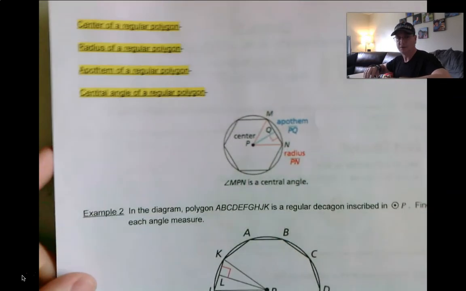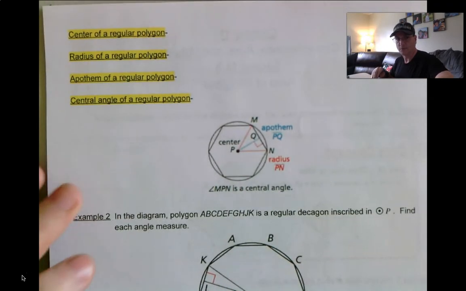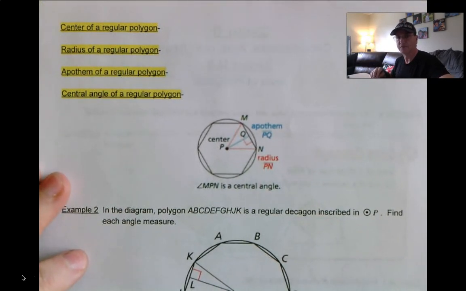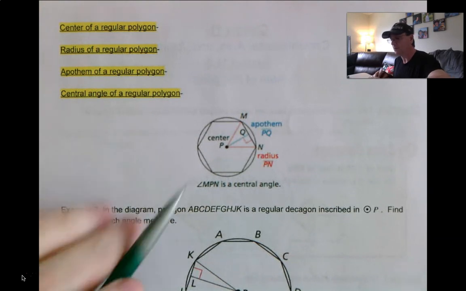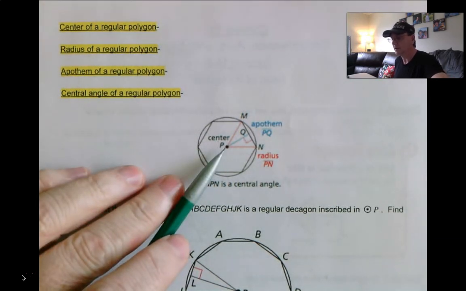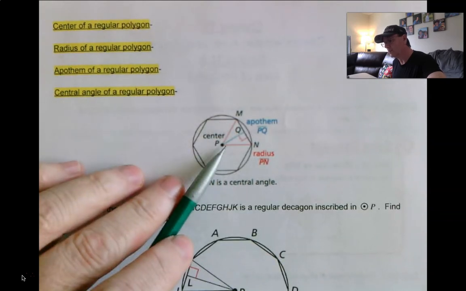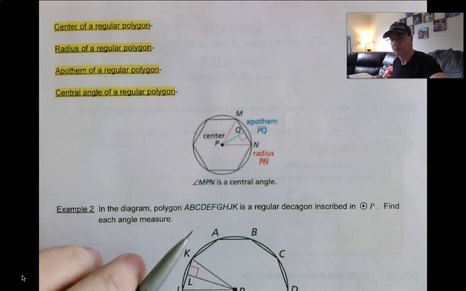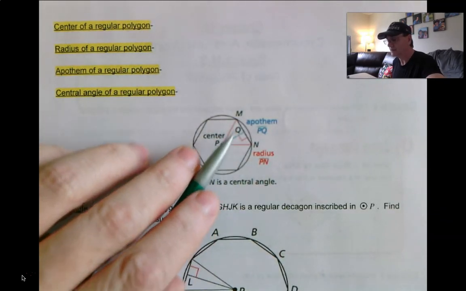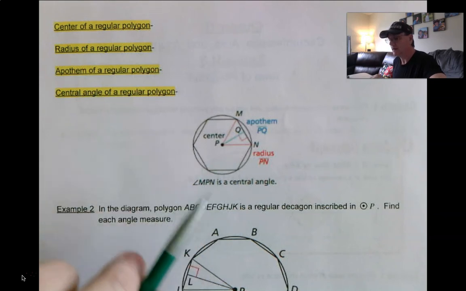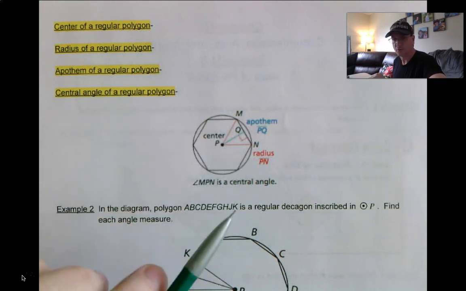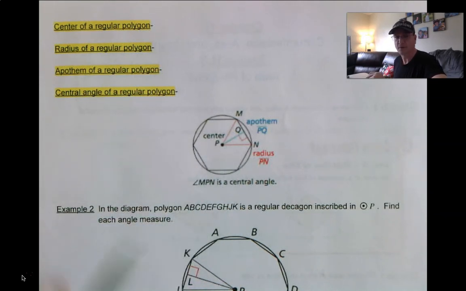Before we get into example 2, we have some terminology that you need to become familiar with. Normally I don't go through the terminology on these videos, but it's important. We have the center of the polygon. The radius of the polygon would be PM or PN. Those are the radii, so from the center to a vertex. And then we have this new term that you are probably unfamiliar with, and I've heard it pronounced two different ways.